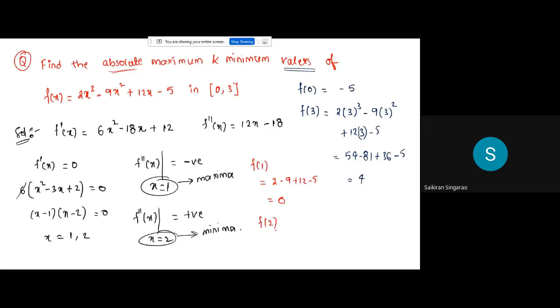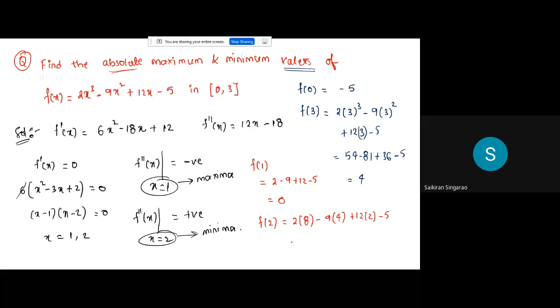And what is f of 2 coming? F of 2 means 2 into 8 minus 9 into 4 plus 12 into 2 minus 5. That is 16 minus 36 plus 24 minus 5, which should be minus 1.